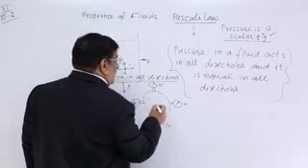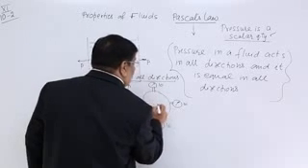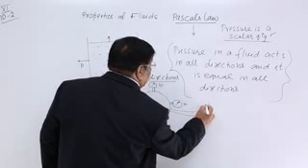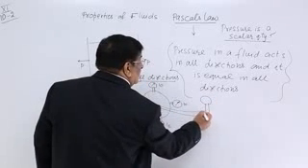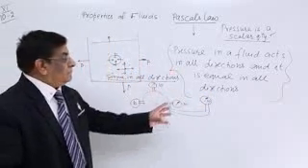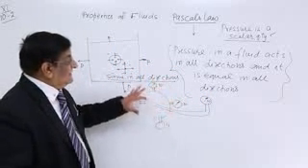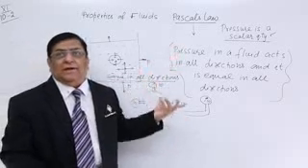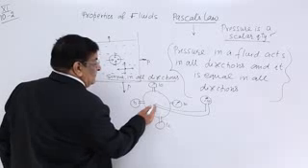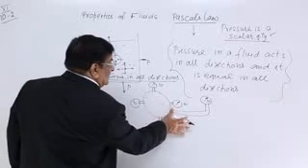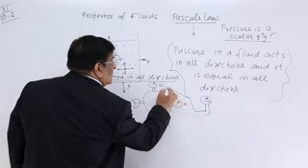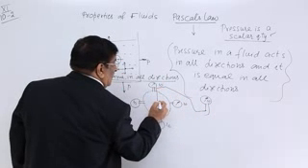Now if I insert a gauge here like this and put a gauge here, this will also show 10. So this is Pascal's law in all the directions. Now suppose here, okay, I change this pipe and I bring this pipe this way.